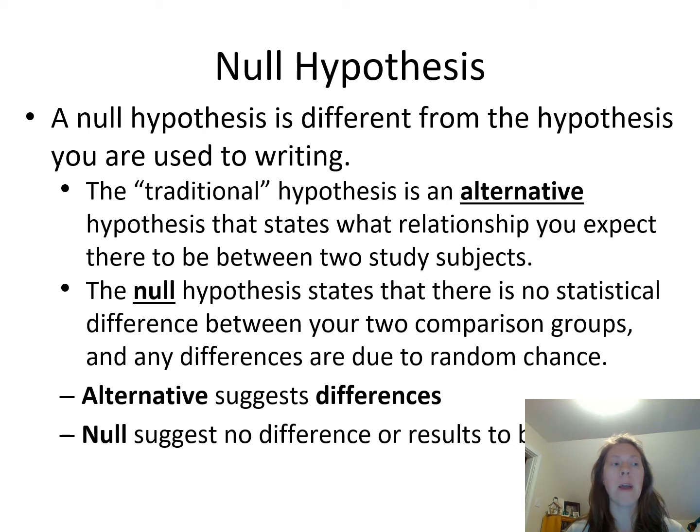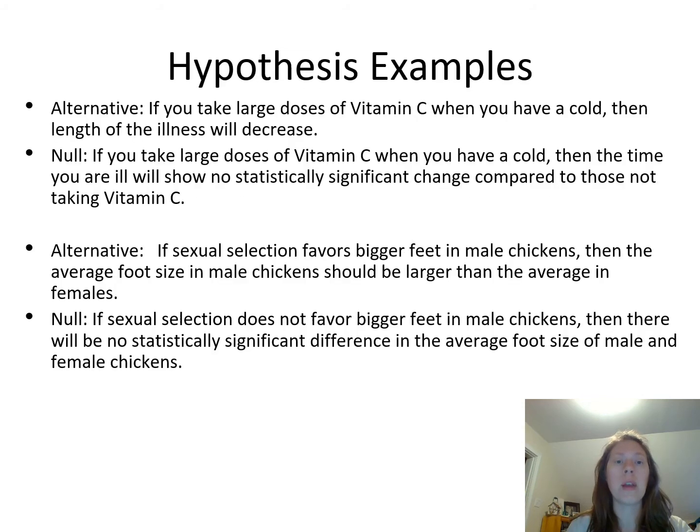Because if you think about it, in an experiment, you could say you think this one thing is going to cause this other thing to happen, but we know that experiments and situations are really hard to create a perfect scenario, to remove all the extra factors from the outside and control everything except your independent variable. So that's why a null hypothesis is a lot easier to prove statistically.